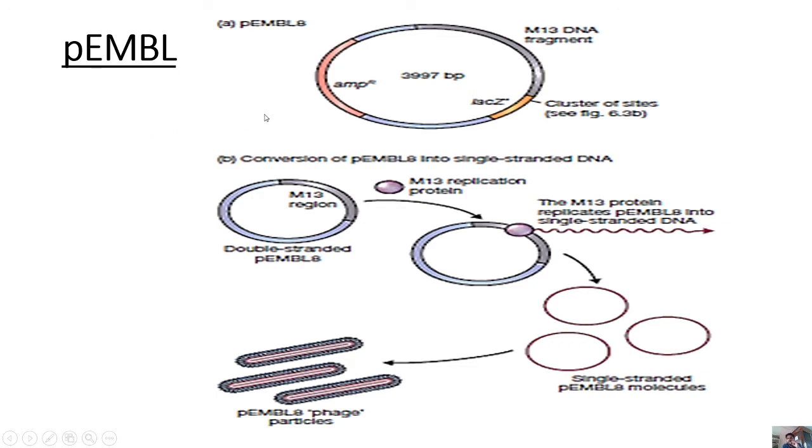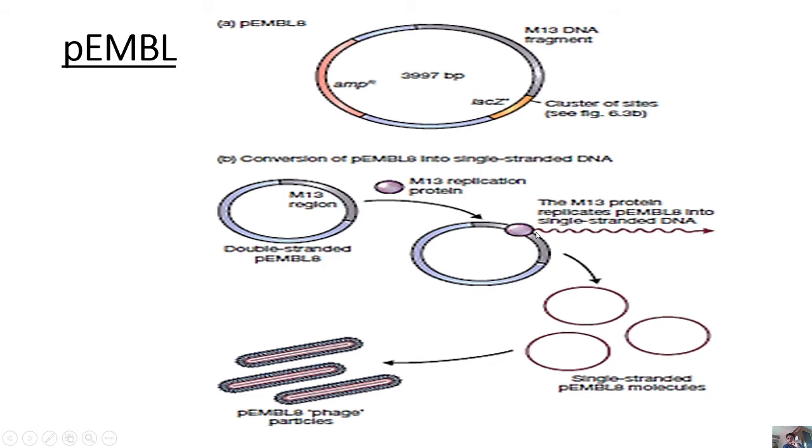That phage now produces DNA replicating proteins or elements. These DNA replicating proteins interact with the F1 DNA fragment of the pMBL, and from there the replication starts and forms a single stranded DNA of the pMBL. See, these are the F1 replicating proteins that interact with the M13 or F1 DNA fragment of the pMBL.